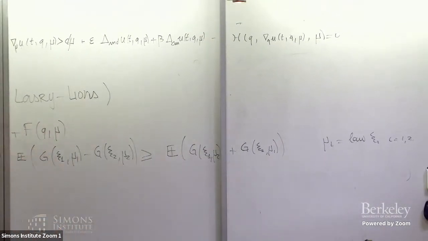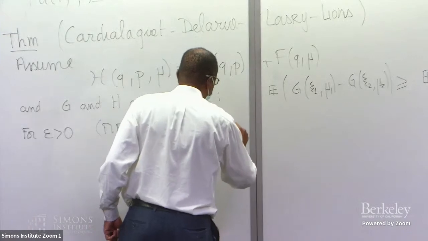And you can write this in terms of a differential equation, which I am not going to do because I don't have enough time. Then they prove that for ε greater than 0, the mean field game has a unique solution.